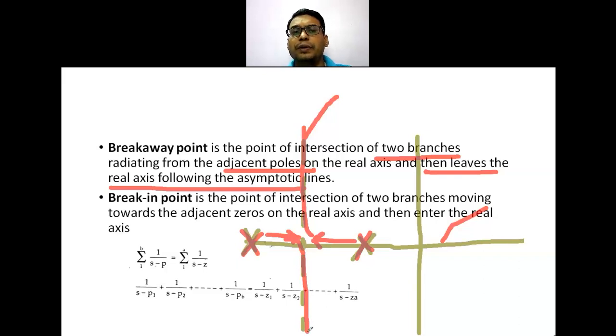This is the importance of the breakaway point, because in some problems the center of gravity and the breakaway point can be different. In this example we have taken the center of gravity and breakaway point as the same.